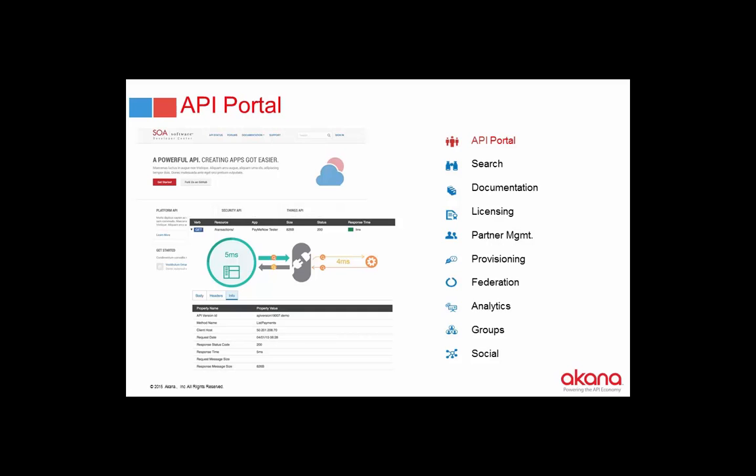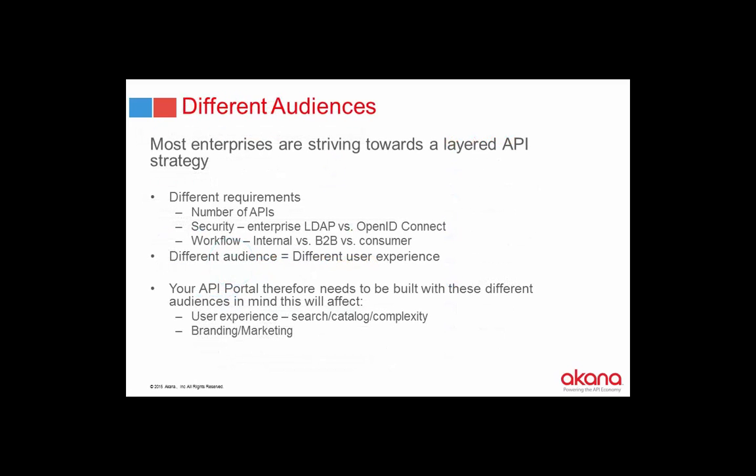When you start looking at a layered approach to APIs, what you quickly realize is that you have different audiences. And no matter what kind of web experience you're putting together, you need to make sure that web experience caters to that specific audience. So whether you're selling shoes or chewing gum, or whether you're putting APIs out there into the market, you need to be aware of who your audience is and design that user experience around that particular audience.